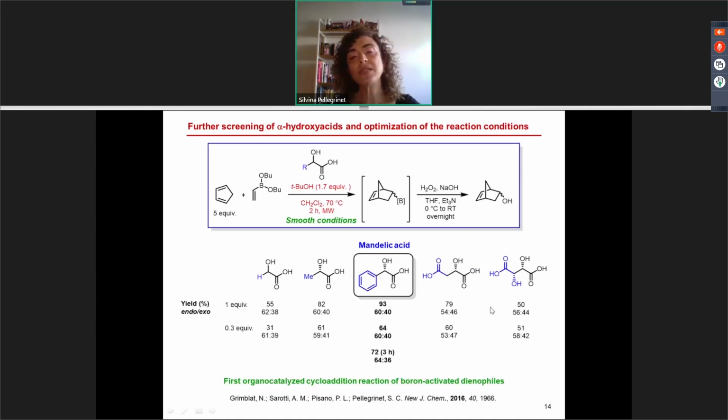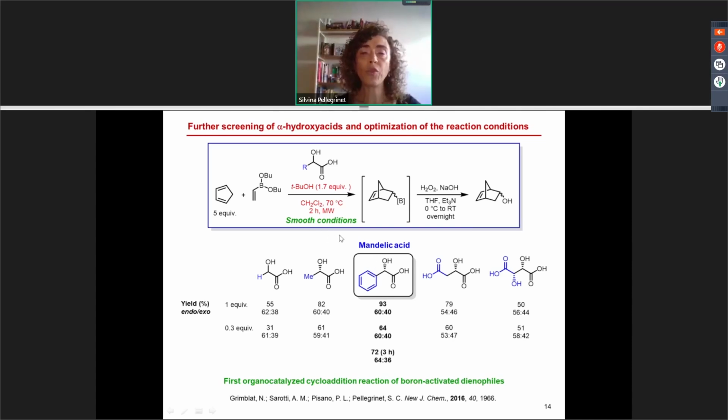Then we screened more acids, and we also optimized the reaction conditions and found that if we use 1.7 equivalents of butanol and did the reaction in DCM at 70 degrees under microwave irradiation, we could obtain very good yields of the products.